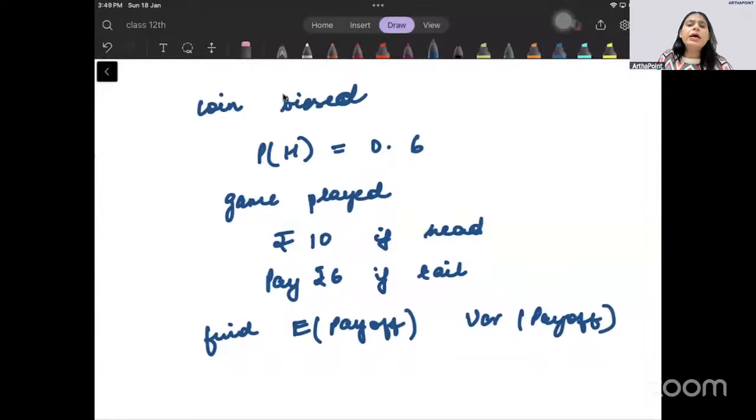You can use normal variance, but अगर हमें shortcut पता है, formula पता है variance का, why will we not use that directly? Hanji, what do you think is the answer?